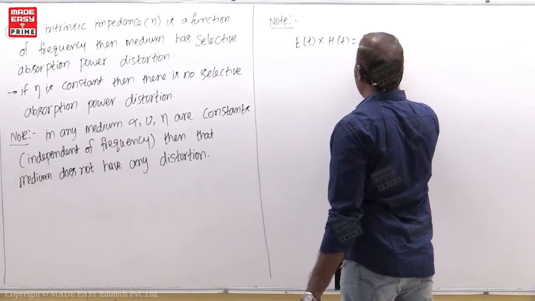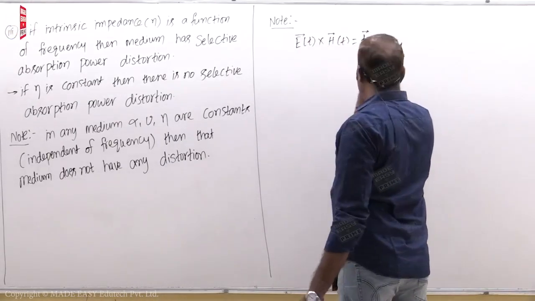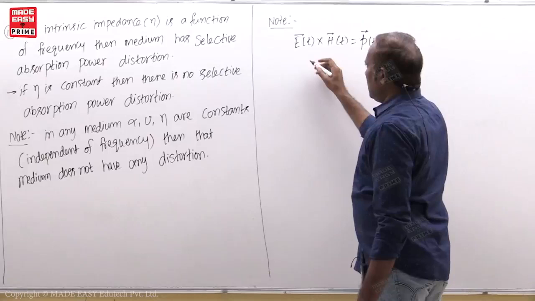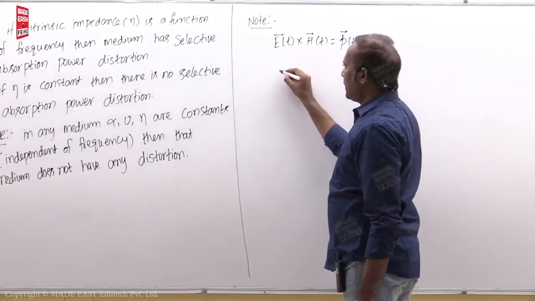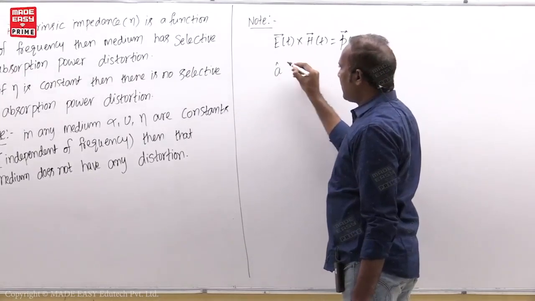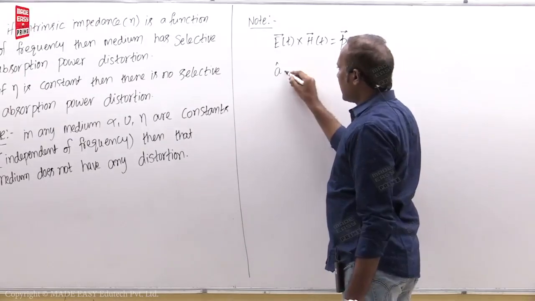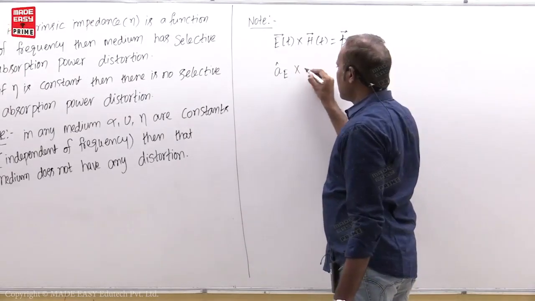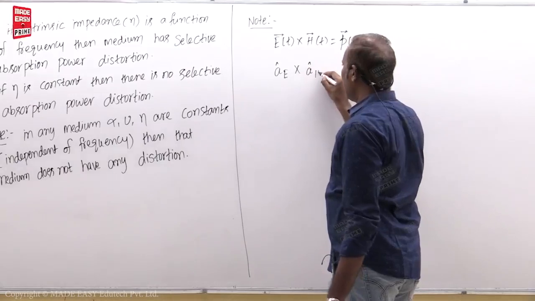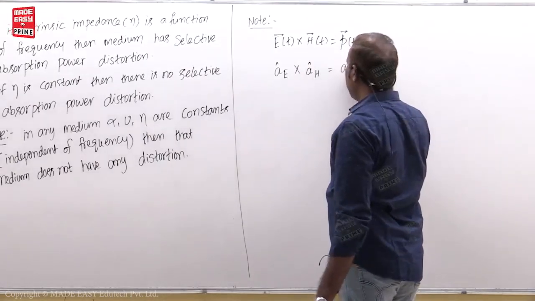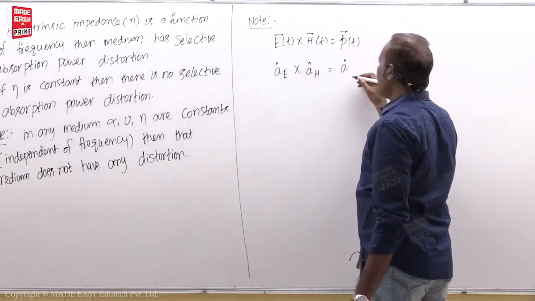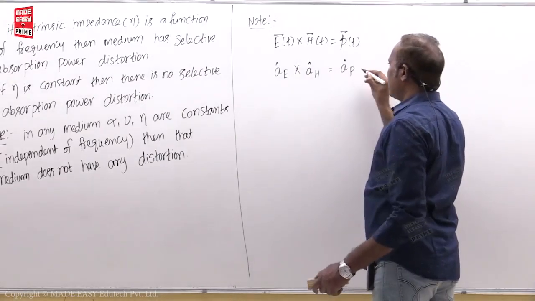Okay. Now, this has some direction. So, let us say a cap is unit vector in electric field direction, cross a cap means unit vector in magnetic field direction, a cap means unit vector in power flow direction.